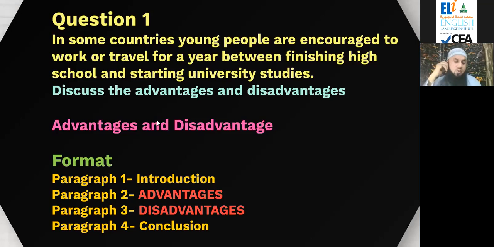Introduction, first paragraph, you have to rephrase the question and discuss something in it. We will learn about the essay writing workshops, how we can write these things. Introduction first, then advantages, all advantages, if there are more. Then disadvantages in second body paragraph, like third paragraph total.